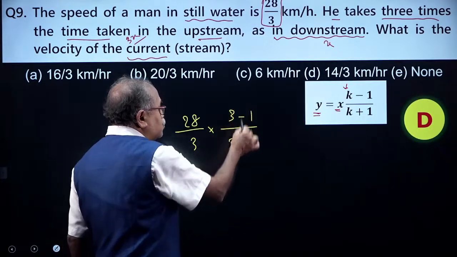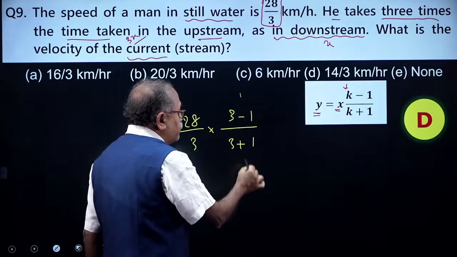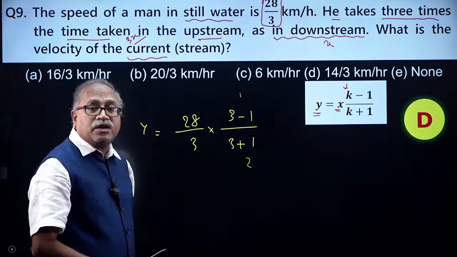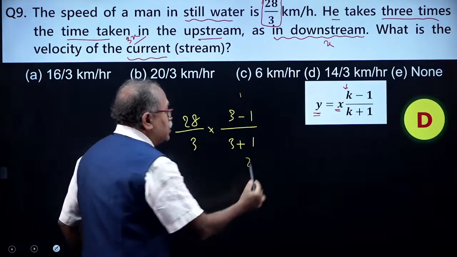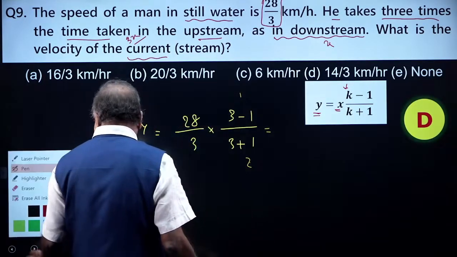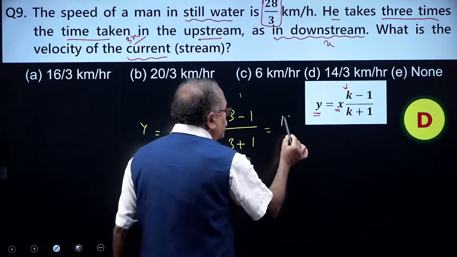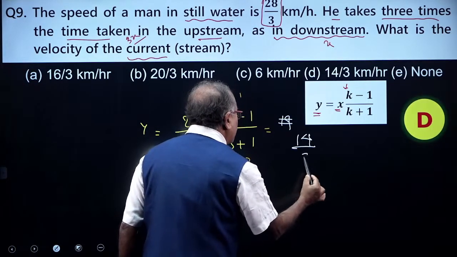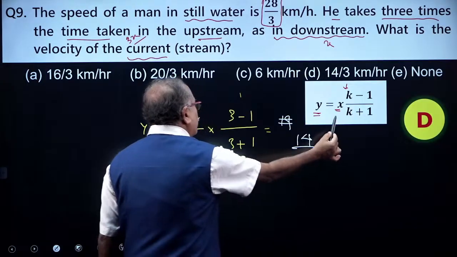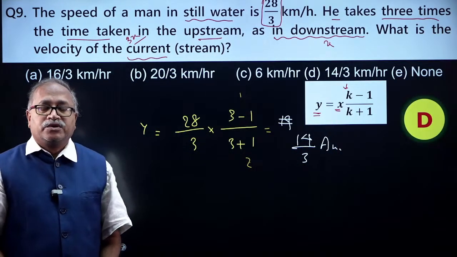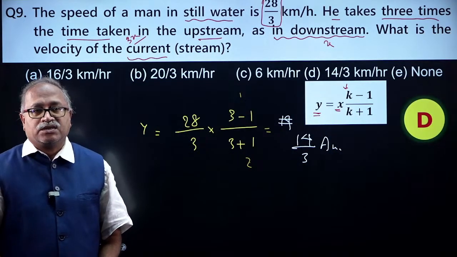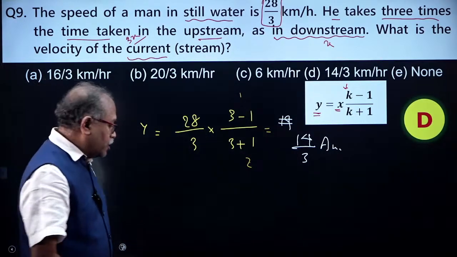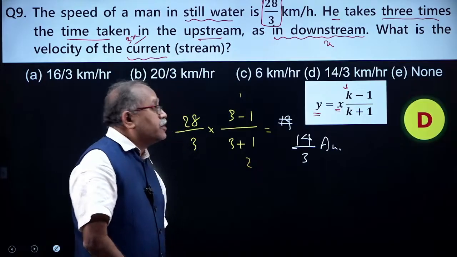This is 2 by 4, that's 1 by 2, and with 2 you can cancel this 28, it gets cancelled, 14 times. So you will be getting 14 by 3, that's your answer. If you know this formula, you hardly take 10 seconds to answer the question, or 5 seconds after reading the question. Okay, my friend, hope you have noted down the formula here.